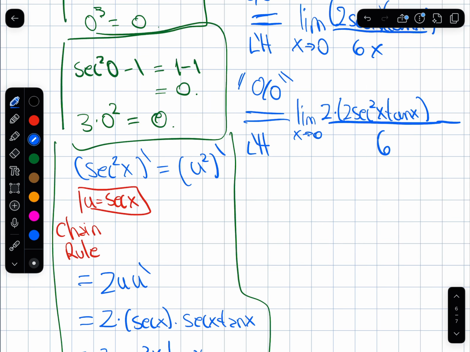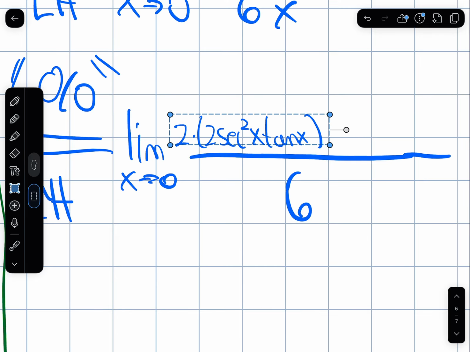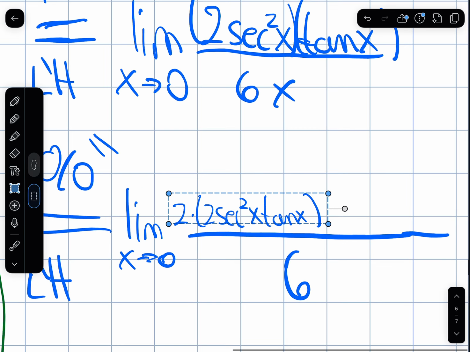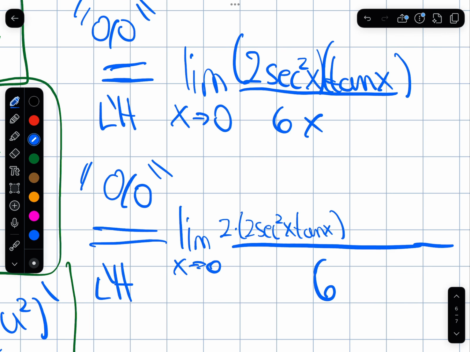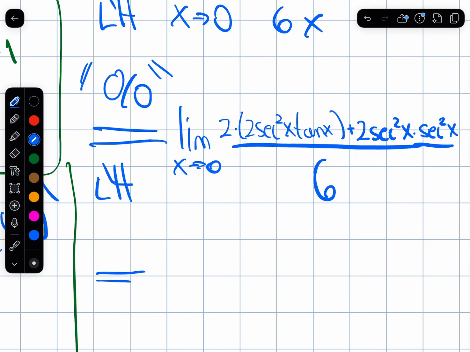Zoom in a bit, make it a little smaller, just make sure it all fits. Derivative of the first times the second plus the first times the derivative of the second. And now deriving tangent is easy. That's secant squared x.